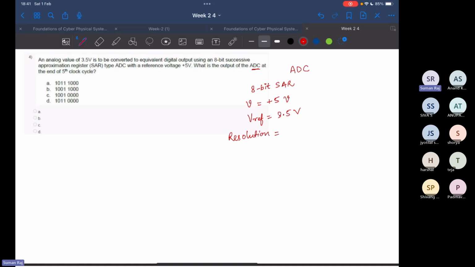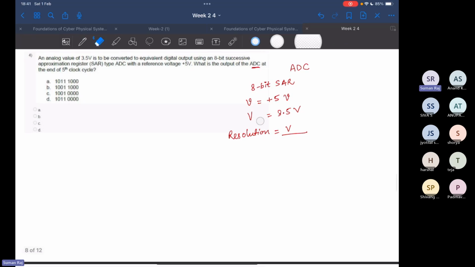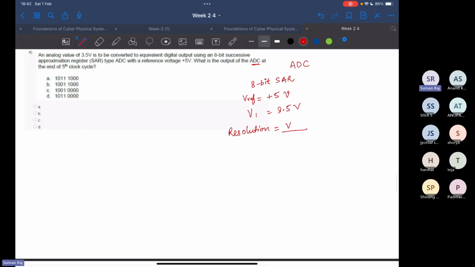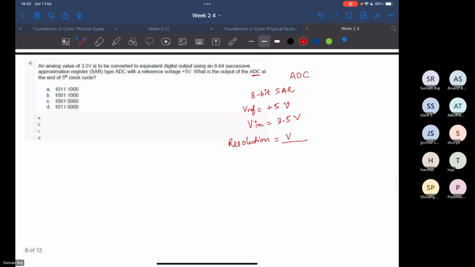Your resolution is going to be V divided by, your actually Vref is 5. So the notations are a little different here. Let's say this is V input. Okay. So this is going to be Vref by 2 to the power n minus 1, where n is your number of bits. So what do we get?